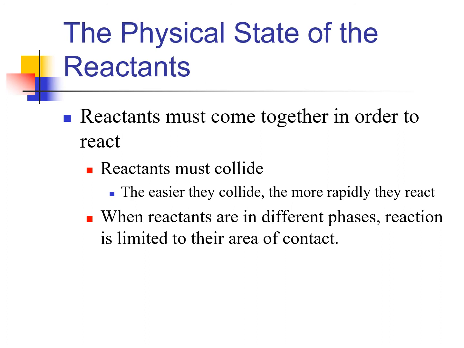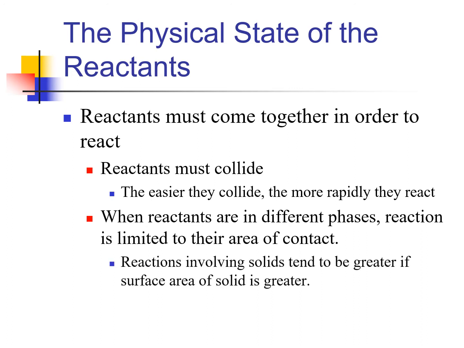When reactants are in different phases, the reaction is limited to their area of contact. For instance, if you have a liquid and a solid, things can move throughout the liquid, but with the solid, only the very surface can come in contact with something else. So that limits the area of contact.